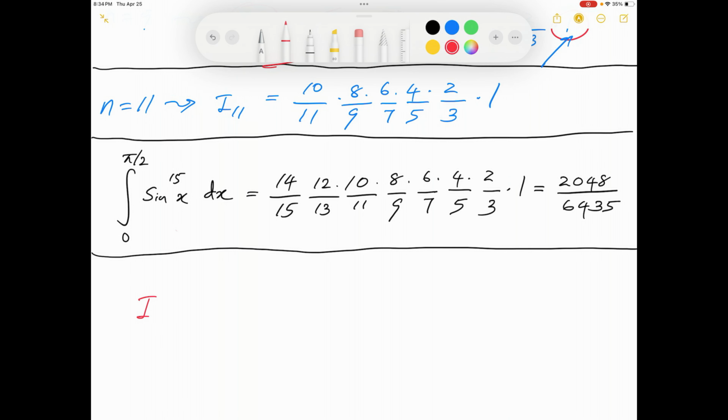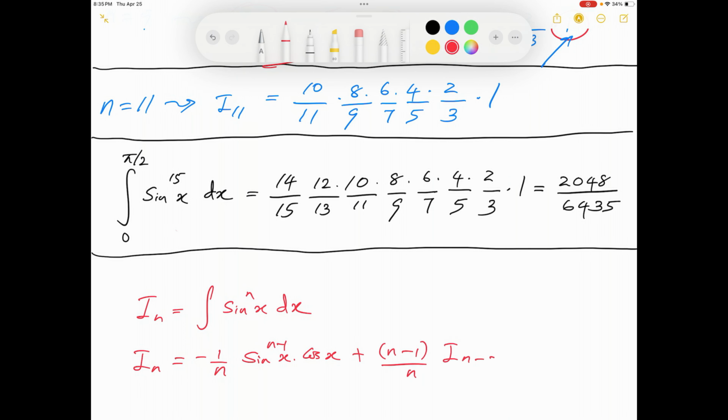Okay, let me repeat that advice one more time. Our reduction formula I sub n, when it was integration sine nth power x dx, the reduction formula I sub n was equal to negative 1 over n sine raised to the n minus first power x times cosine x plus n minus 1 over n times I sub n minus 2.